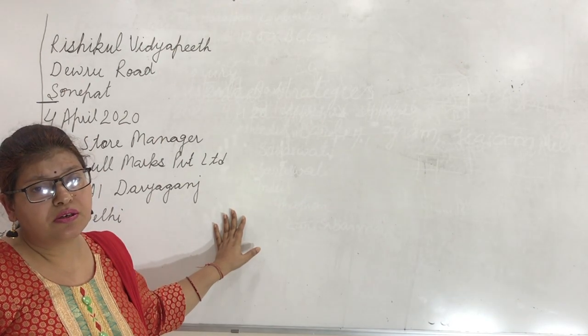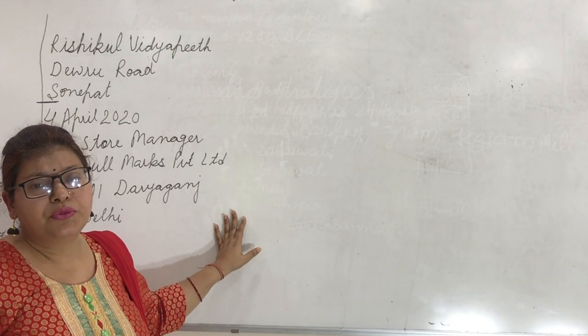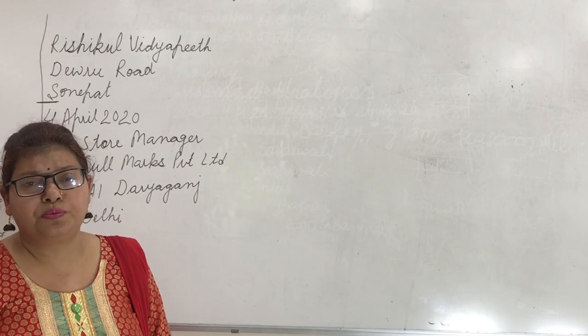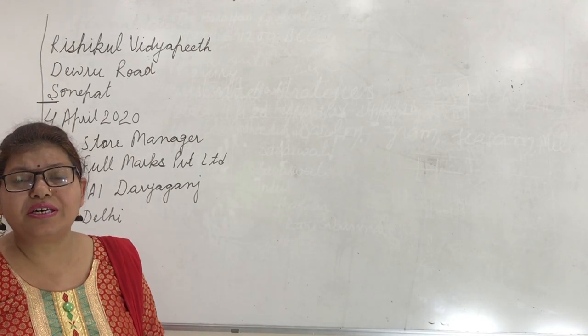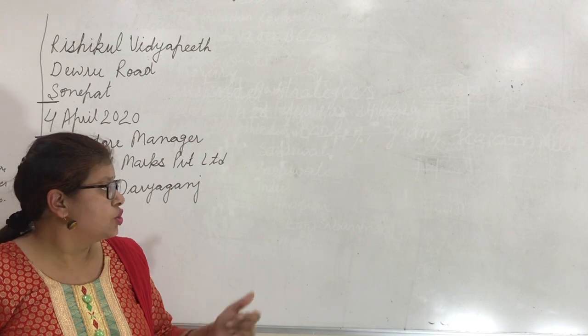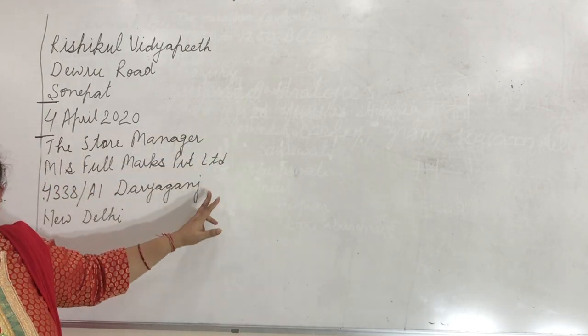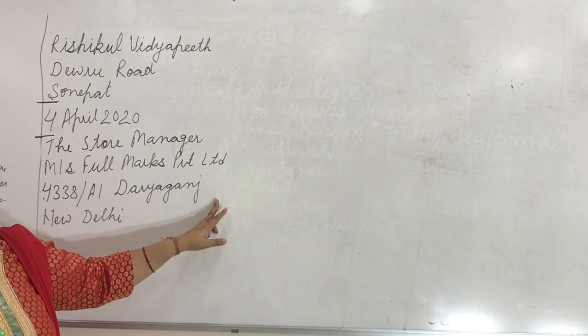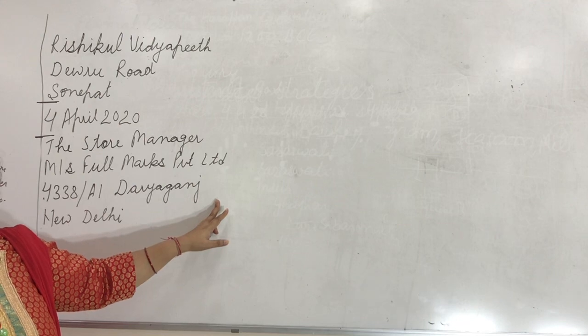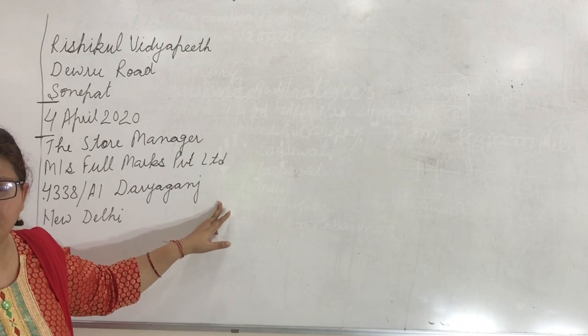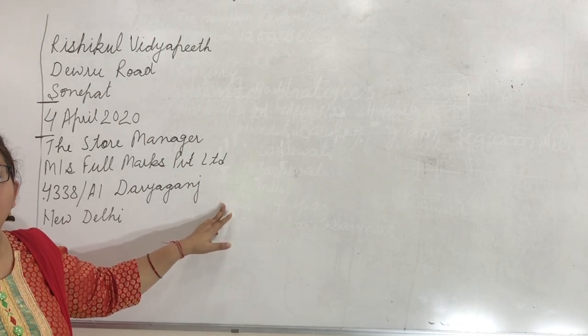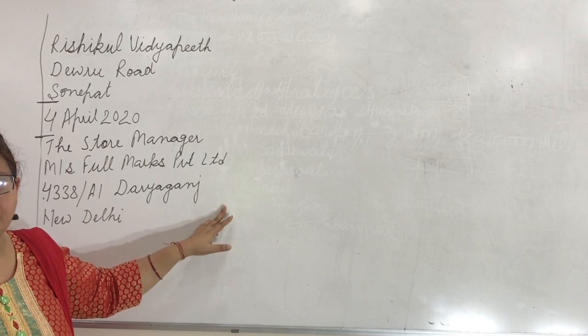And if by chance no address is given, then you can write an imaginary address. So we are writing an imaginary address here, because in the question I have not told you where this publishing house is situated.